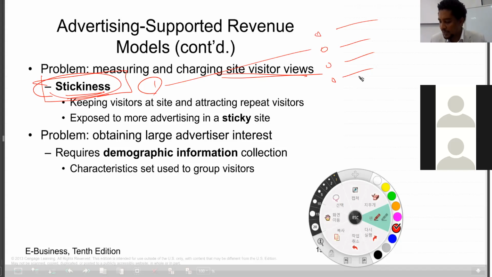The other problem is obtaining large advertising interest. There are different people who use the internet, and these people differ in age, in gender, in work, okay? So are you going to focus on few people, or do you just provide a general service? For example, Yahoo, Google, YouTube are general, okay?